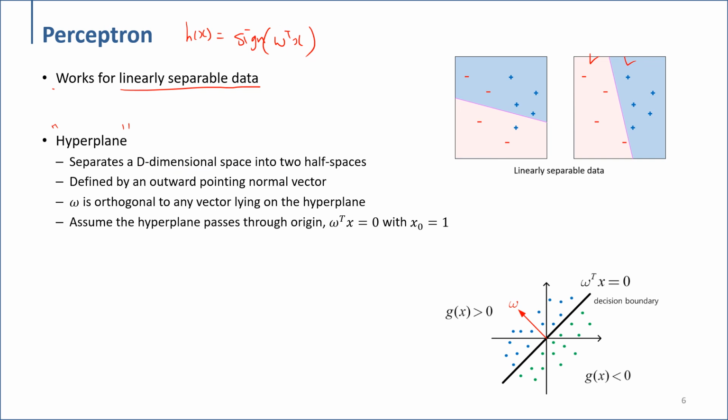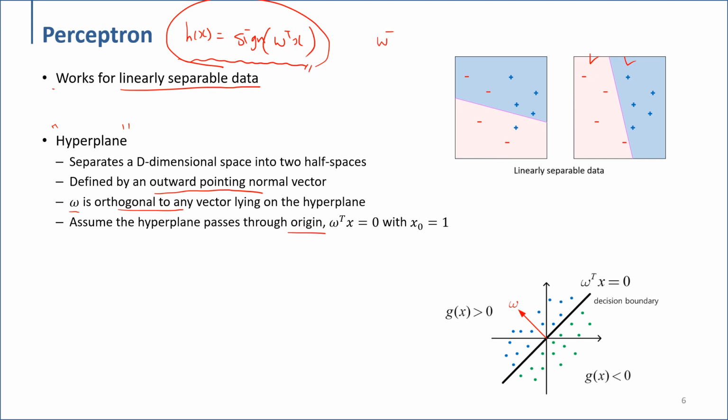So it is defined by an outward pointing normal vector, and here omega is also orthogonal to any vector lying on the hyperplane. Here we are going to assume that the hyperplane passes through the origin, so omega transpose x is equal to 0 with x0 equal to 1. In a geometrical way, we can understand the classification for the perceptron problem like this.